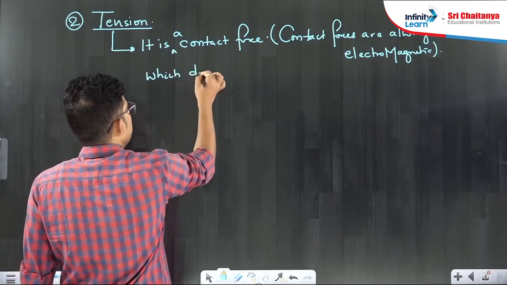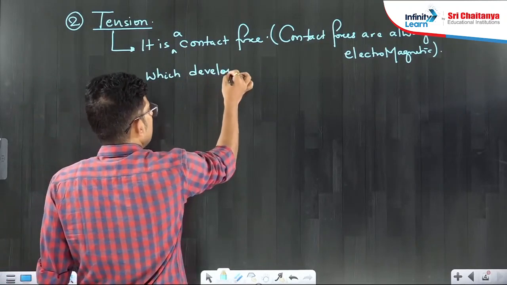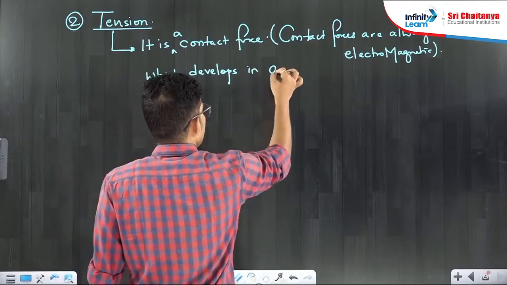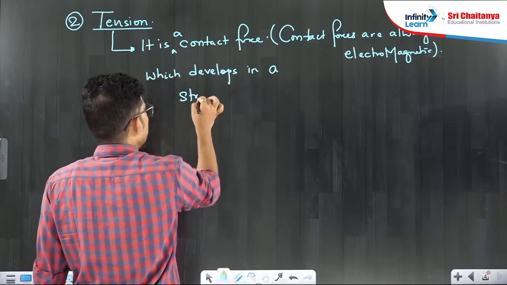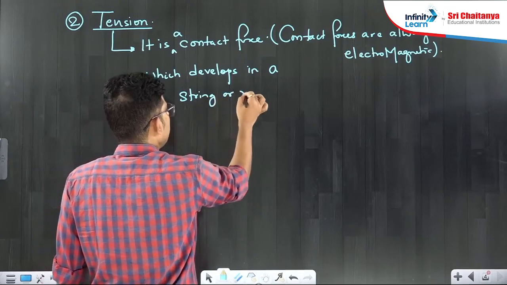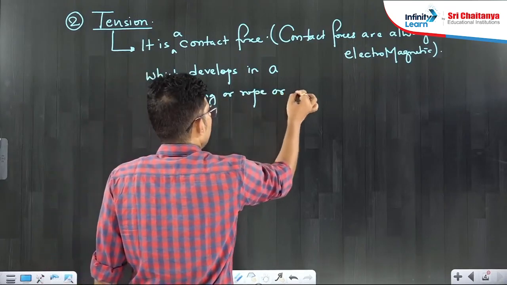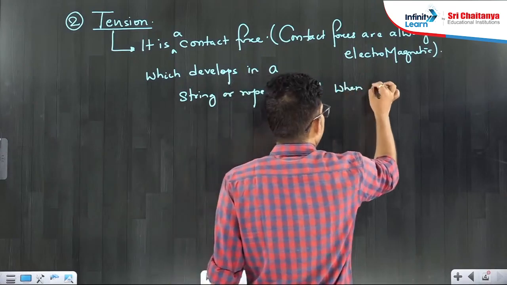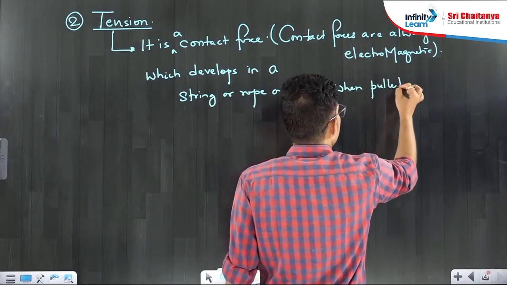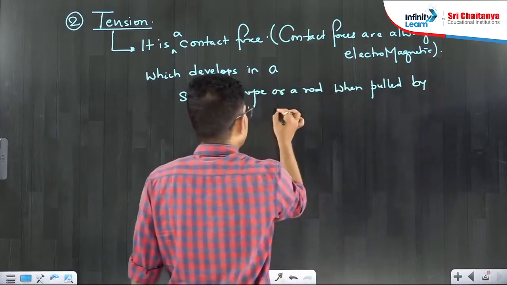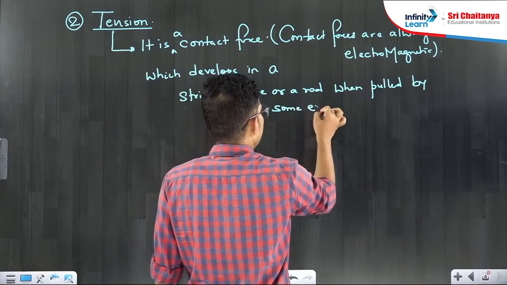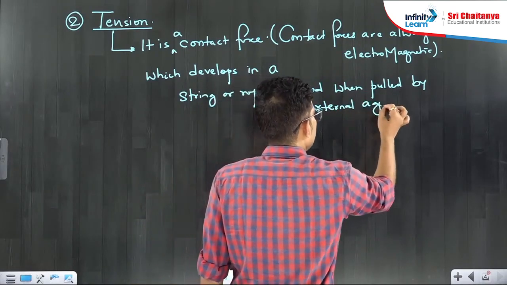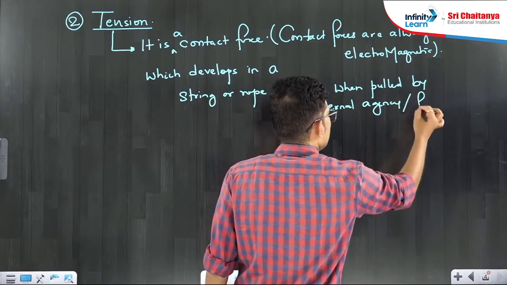But contact forces, they will not be acting always, they get developed. It is a contact force which develops only during contact in a string, or you can say a rope or a rod, when pulled by some external agency or force.